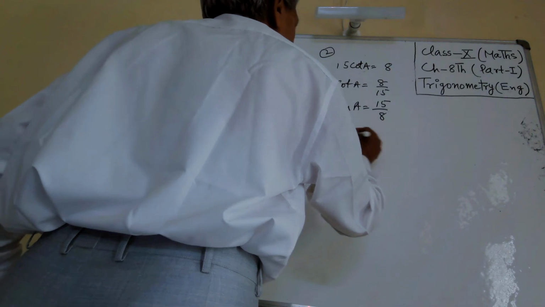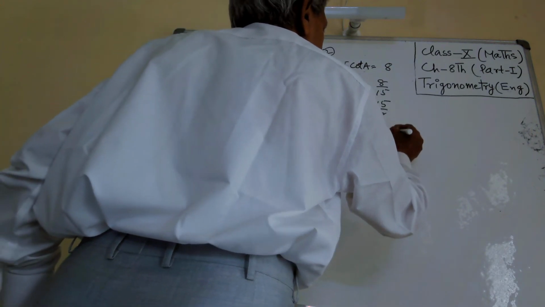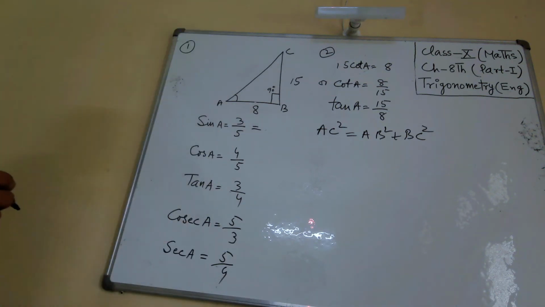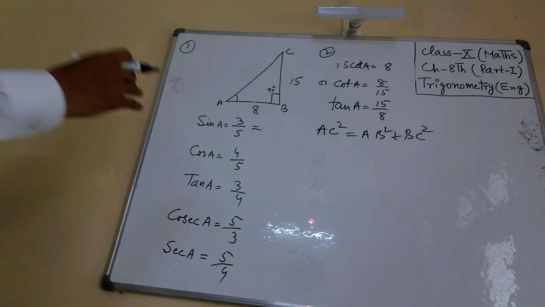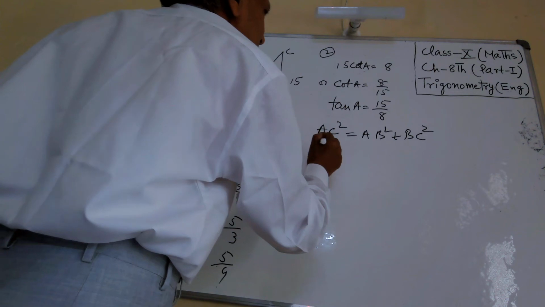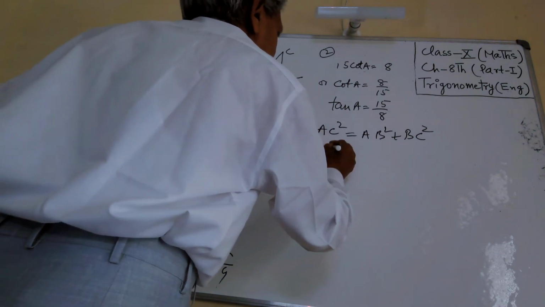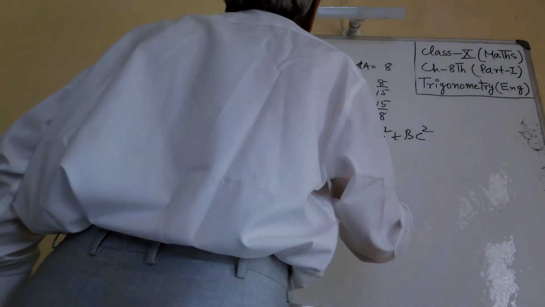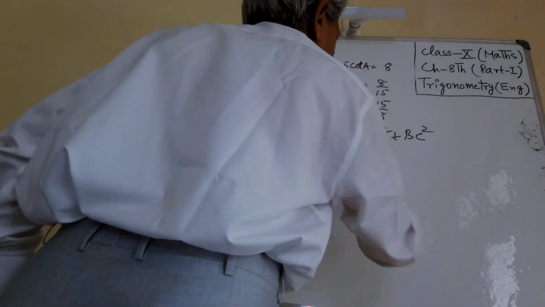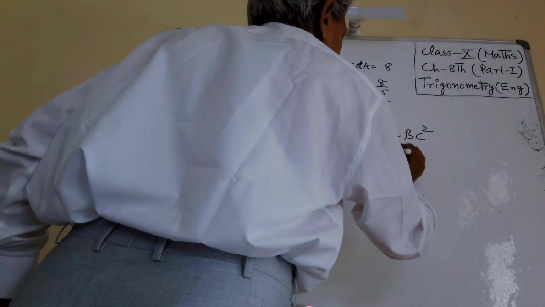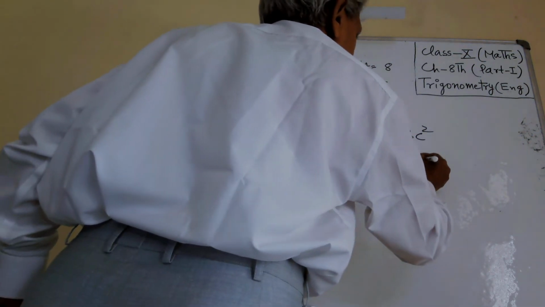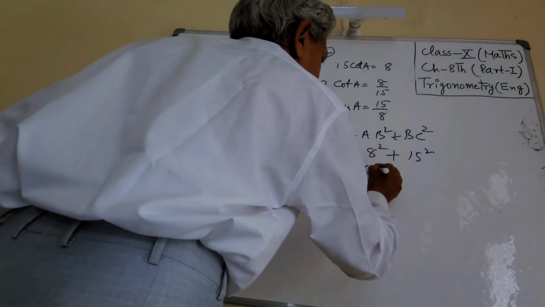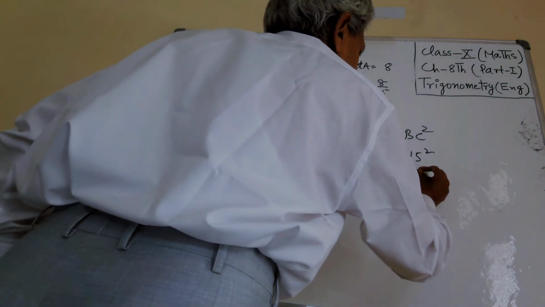AC square is equal to AB square plus BC square. You have to apply this formula again and again. So AC square is equal to AB square, 8 square, plus BC square, 15 square. Here AC square is equal to 64 plus 225.